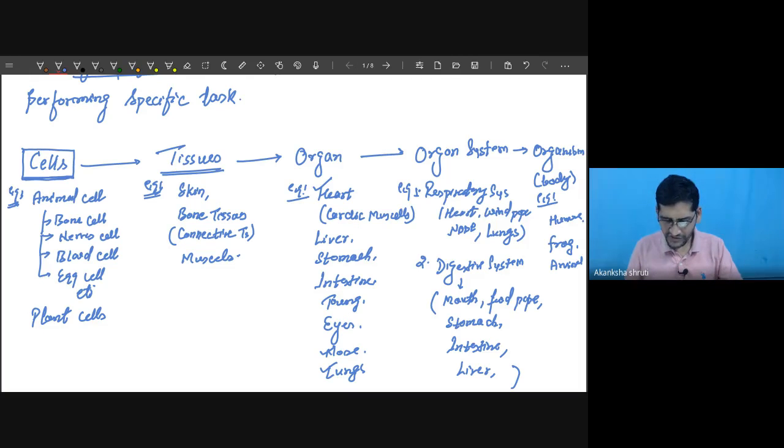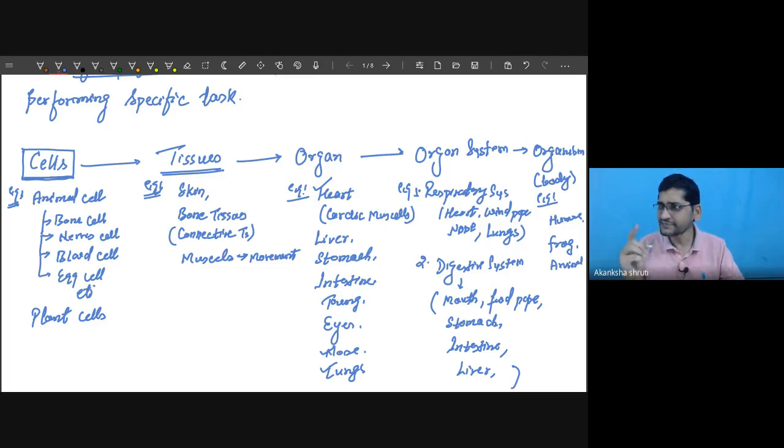The bone, with the help of which we are able to move. For example, muscle. Muscle gives a specific task of what? Movement. If no muscle is there, can the body move? No, the body cannot move. Like reptiles are able to move by shrinking their muscles, then expanding again.